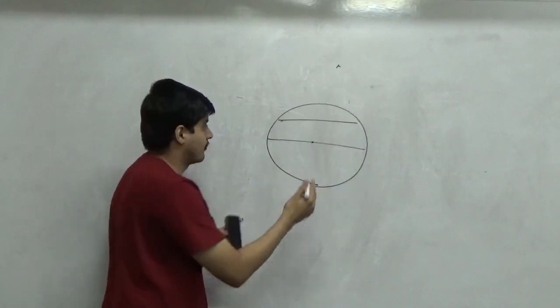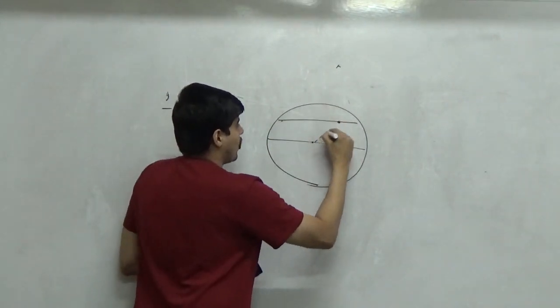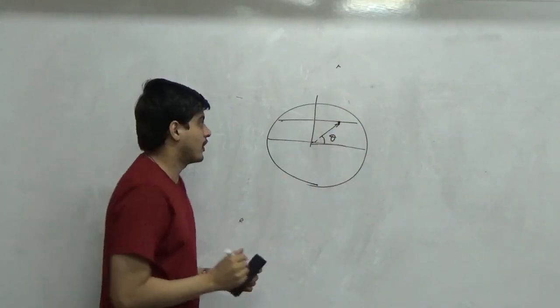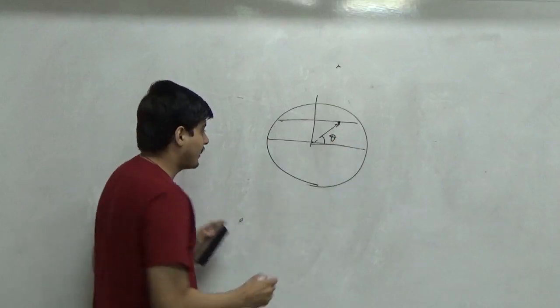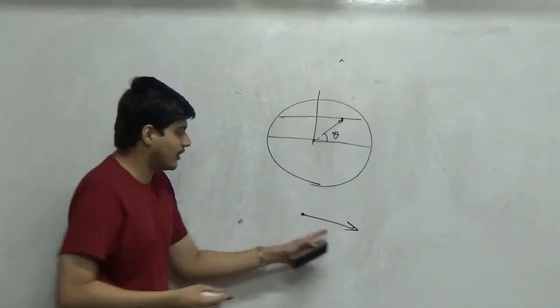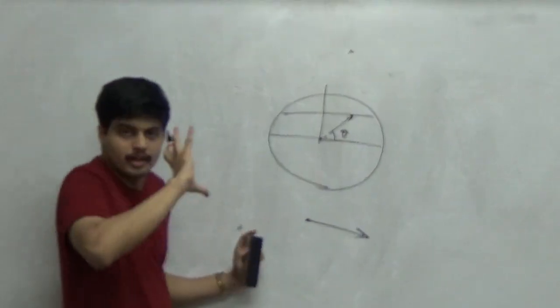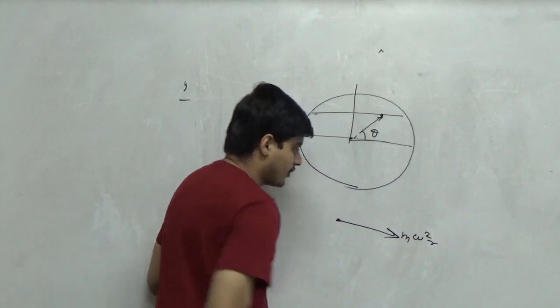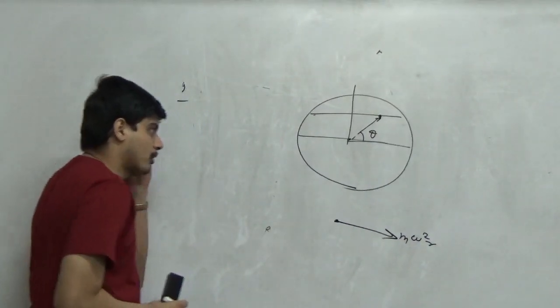This is my equator, very standard equator. There is an object at latitude theta. Right? What are the forces that will act? One force that will act is because of the centrifugal motion, the centrifugal force, because earth is a rotating frame of reference. Right? So m omega square r.